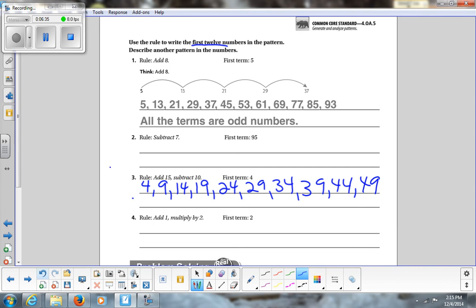Magic. The next one's going to be 54, and then 59. All right, so you see the pattern here? It goes 4, 9, then adds 10, then 4 and 9, then adds another 10, 4 and 9, then adds another 10, 4 and 9.